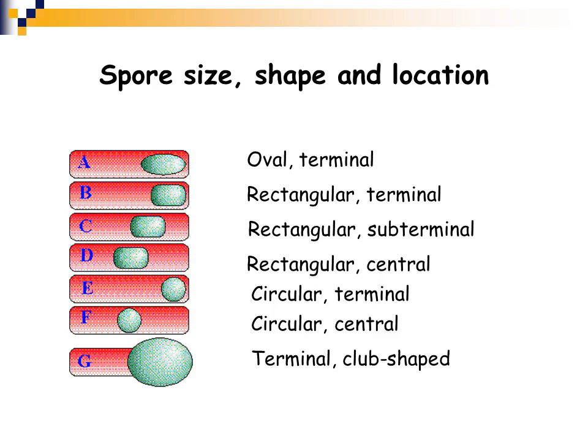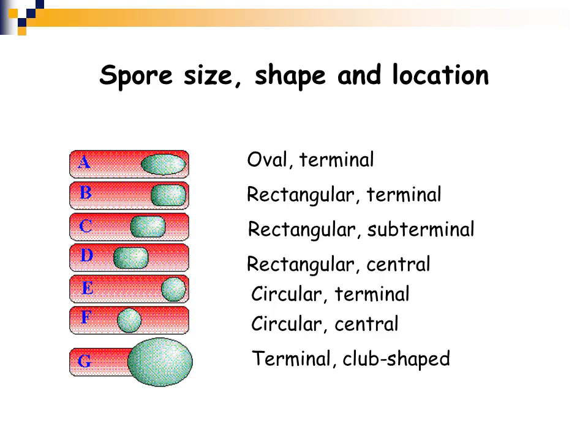So we said you can classify spores based on their size, shape, and location. So you have cells that have oval spores that are on the end of the cell. You can have rectangular spores that are also on the end. When the spores are on the end of a cell, they're called terminal spores.